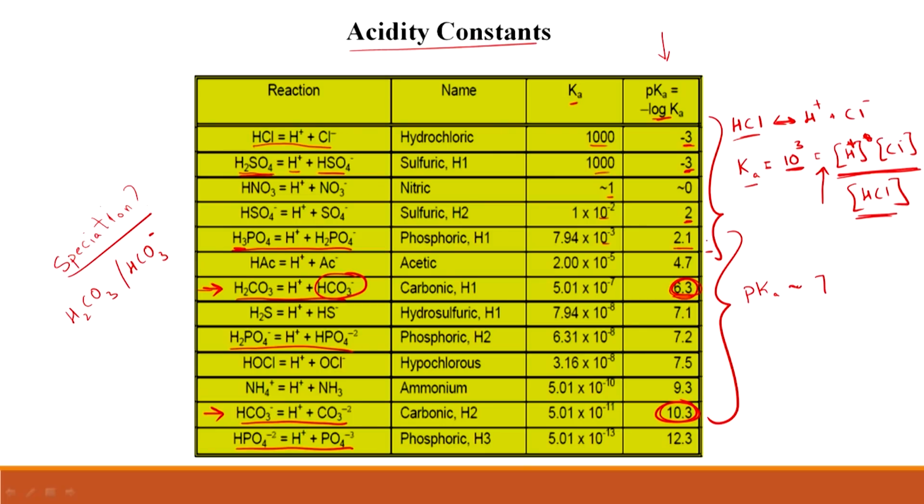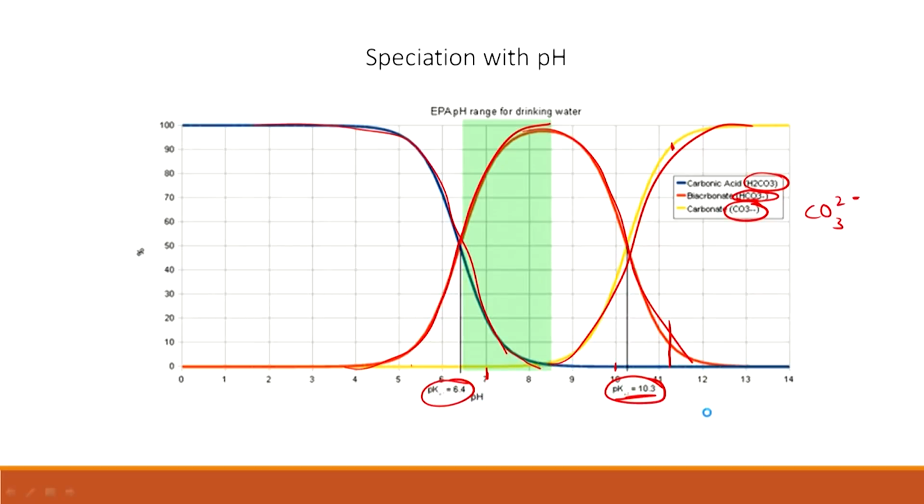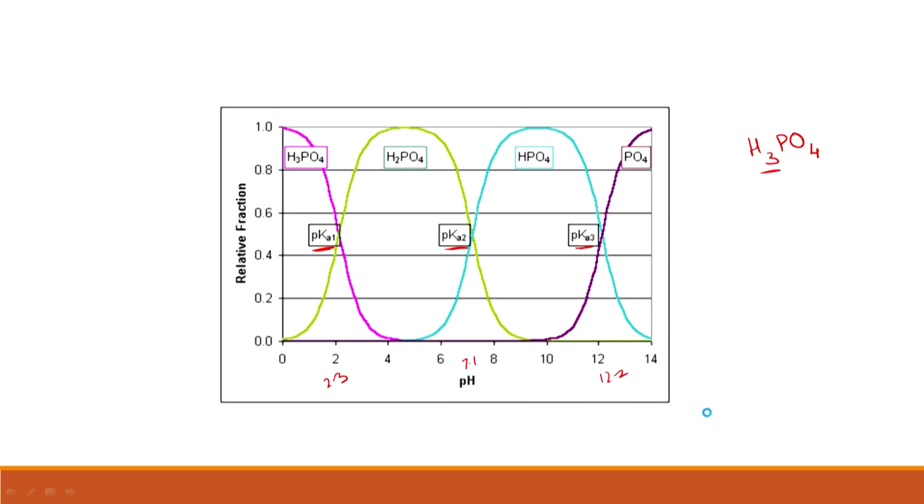So, 2.1 and 7.2 and 12.3, we were close enough. So, we have that, and what do you see now? At pH 2.3, H3PO4 and H2PO4 are going to be at the same concentration, and below pH 1.3, that is 2.3 minus 1, most of it is going to stay as H3PO4.